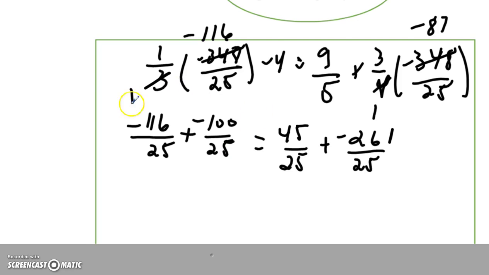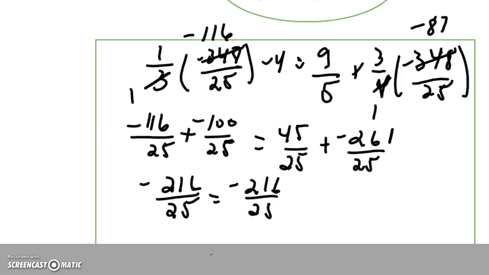So now I can add on the left side: negative 116 plus negative 100 is negative 216 over 25. On the right, negative 261 plus 45, right? If I combine those two numbers, I end up with negative 216 over 25. So my answer does work in that equation. So my answer is negative 348/25.